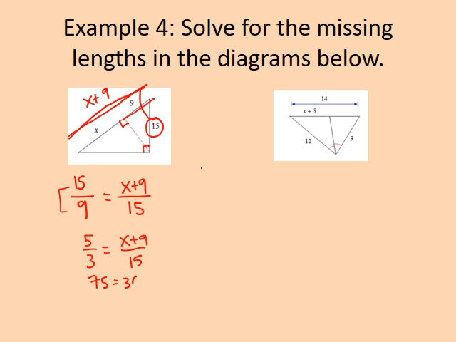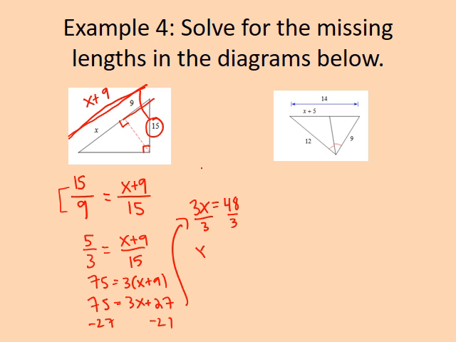And then we have 3 times x plus 9. So we have 75 equals 3x plus 27. We're going to subtract the 27 from both sides. So we now have 3x equals 75 minus 27, which is 48. And then we're going to divide both sides by 3, so x equals 16.